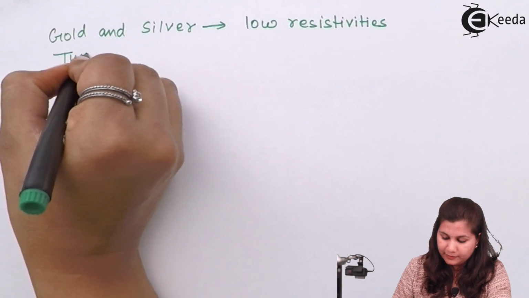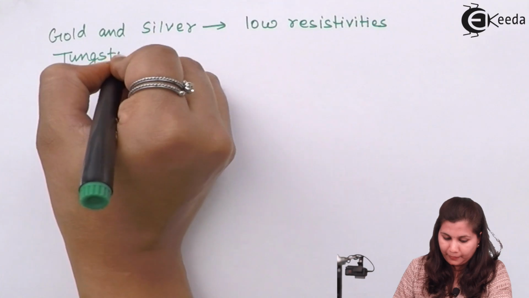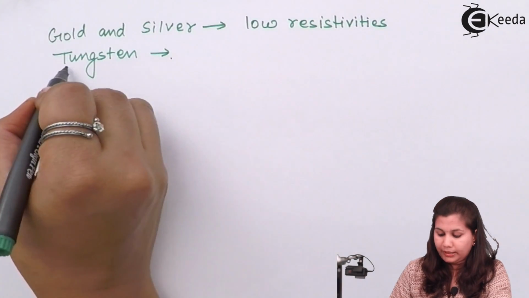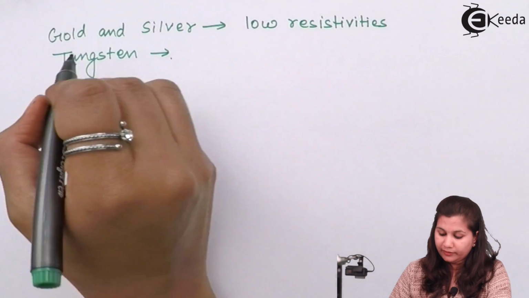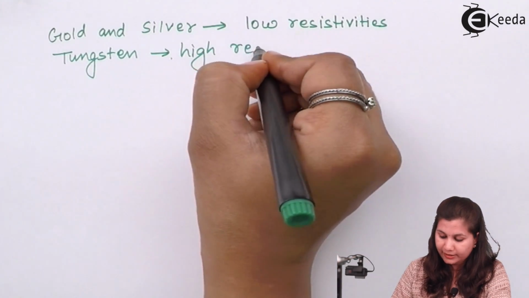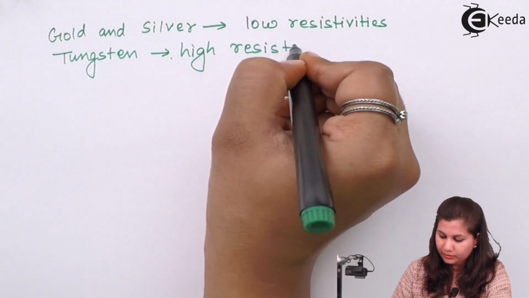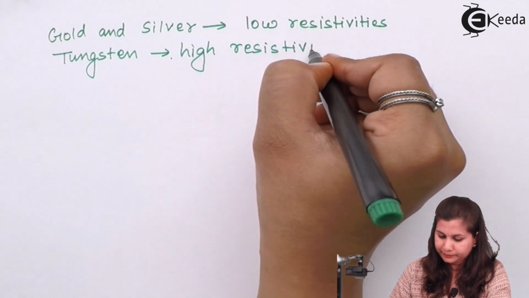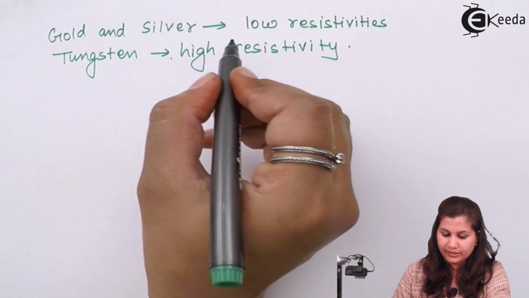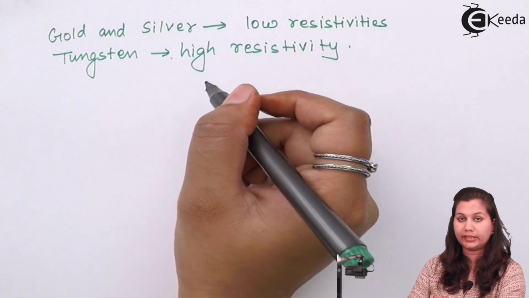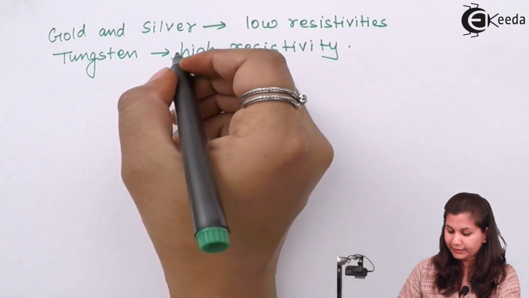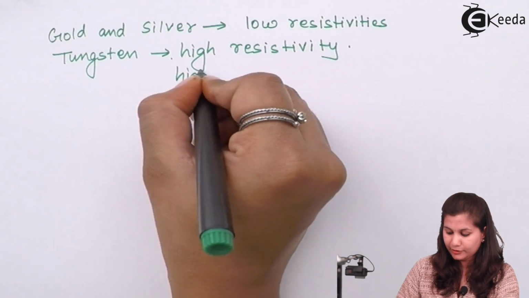Also tungsten can be used, where tungsten has high resistivity, but it is reserved for high temperature applications.